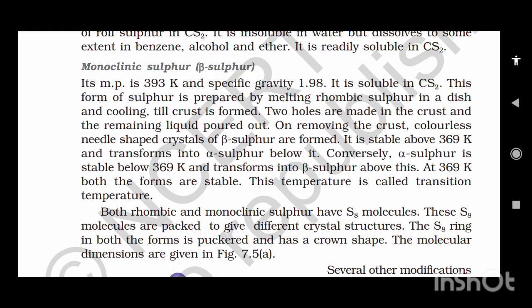On removing the crust, colorless, needle-shaped crystals of beta sulfur are formed. It is stable above 369 Kelvin and transforms into alpha sulfur below it. Conversely, alpha sulfur is stable below 369 Kelvin and transforms into beta sulfur above it. At 369 Kelvin, both the forms are stable. This temperature is called transition temperature.